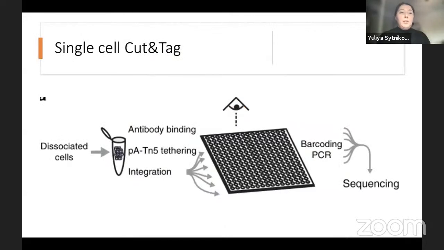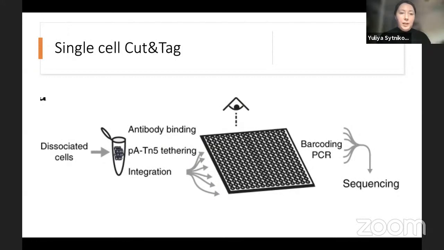For instance, single cell CUT&Tag method combined with combinatorial barcoding, like used with multi-well plates.